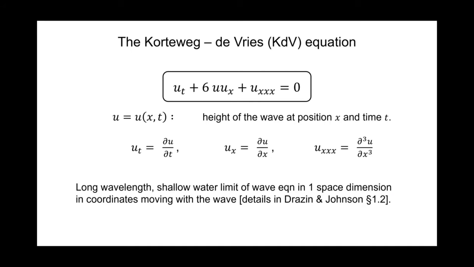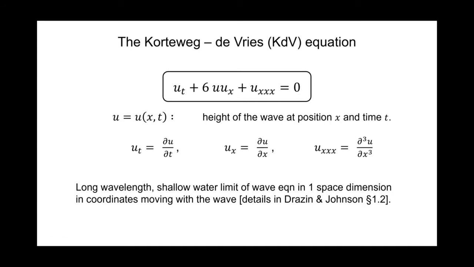But in fact, the same equation was discovered about a couple of decades earlier by a French scientist called Boussinesq. So it should actually be called the Boussinesq equation. But it's often the case in science that things are named after the last persons who discovered them, not after the first one. So we'll call this equation the KdV or Korteweg-de Vries equation in this course.